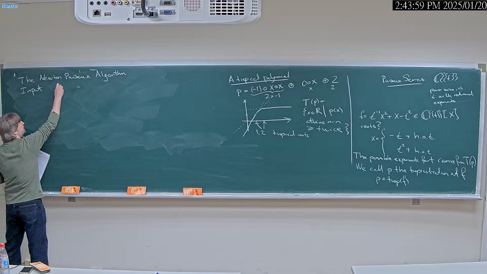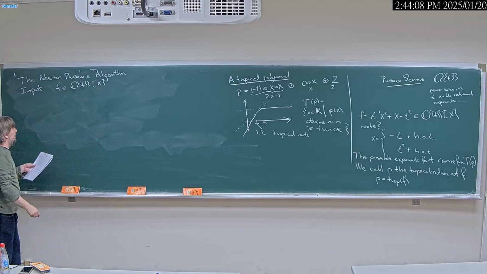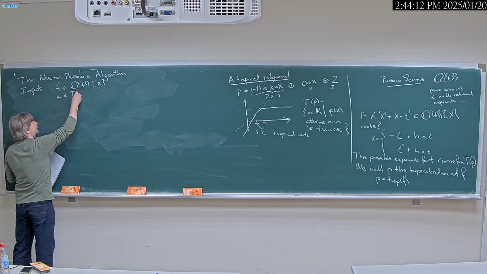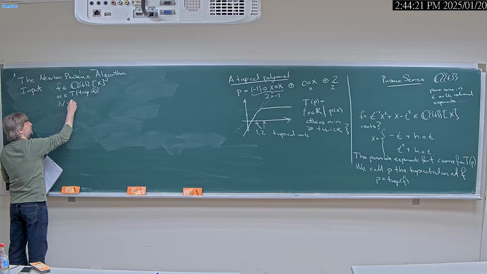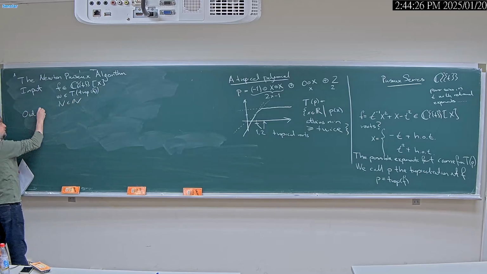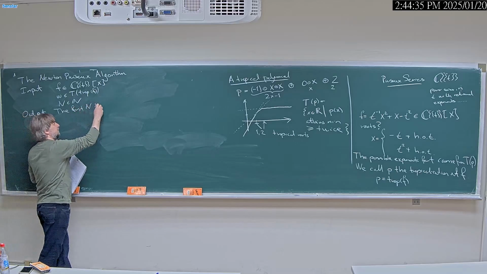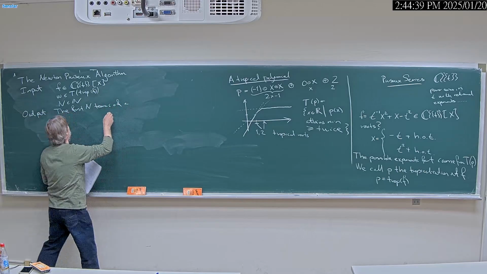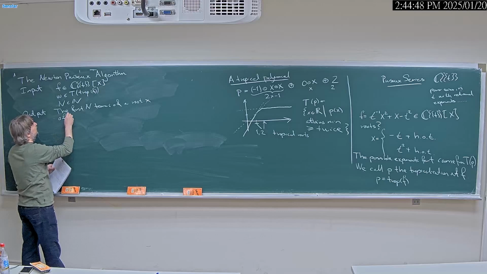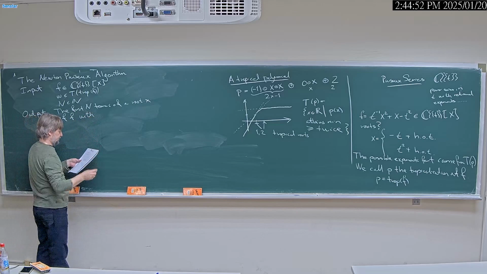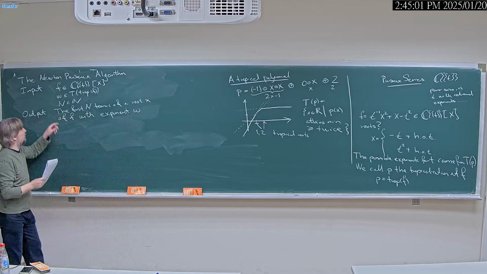Well, the Newton-Puiseux algorithm takes as input a polynomial with coefficients in the Puiseux series, and then it takes some exponent omega from trop f, and also a natural number n, and the output is going to be the first n terms of a root x of f with small t exponent equal to that omega that was input.